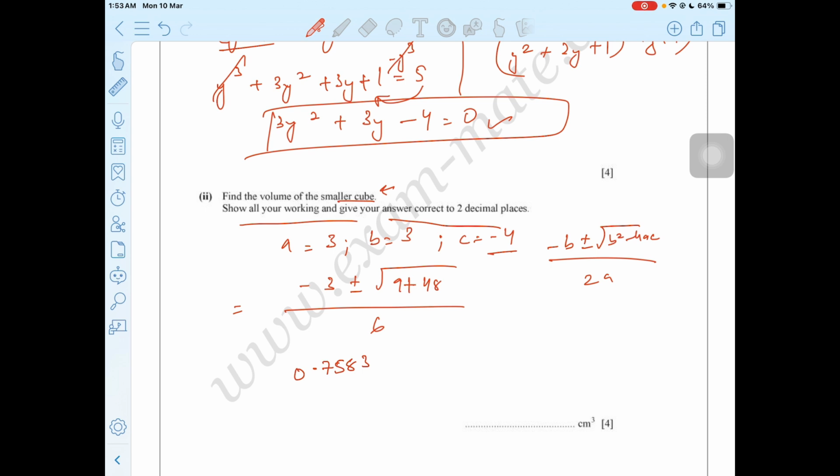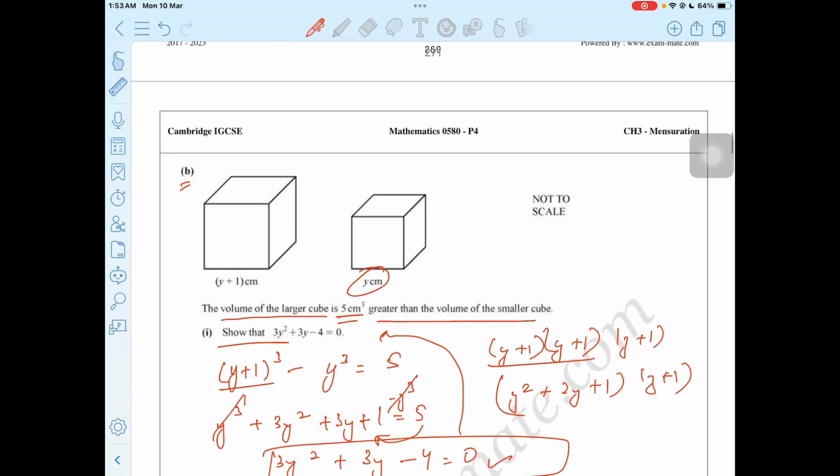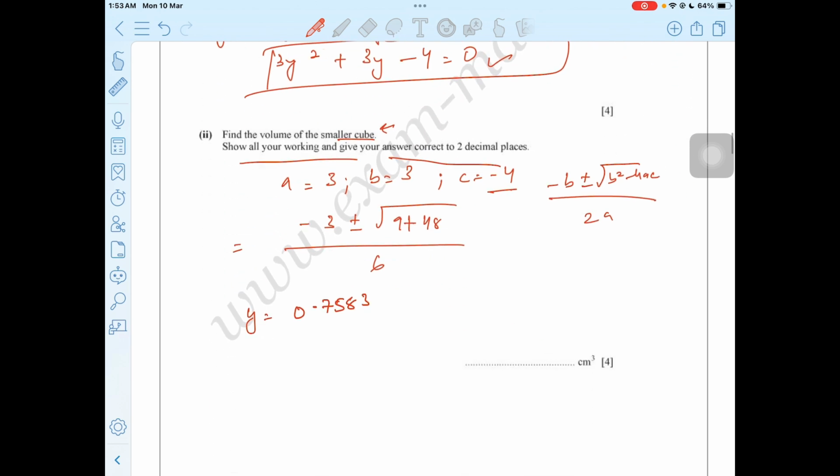So we take the positive one only, because we need to have y as positive, right? So this 0.7583 would be squared to give our answer 0.575, right? I think I made some mistake again.